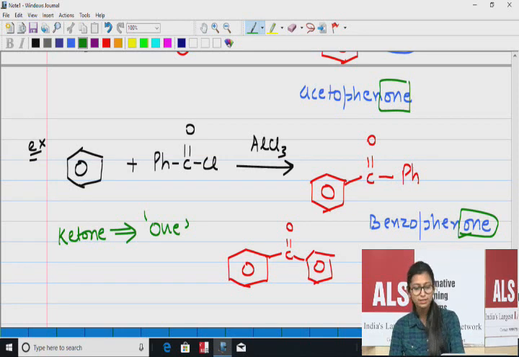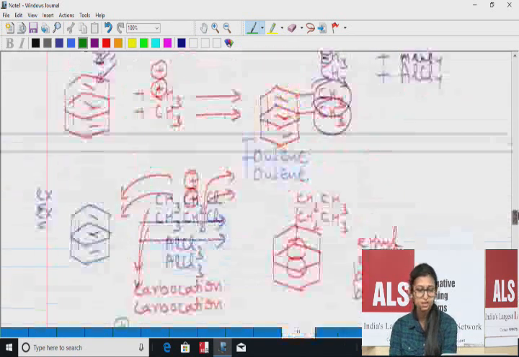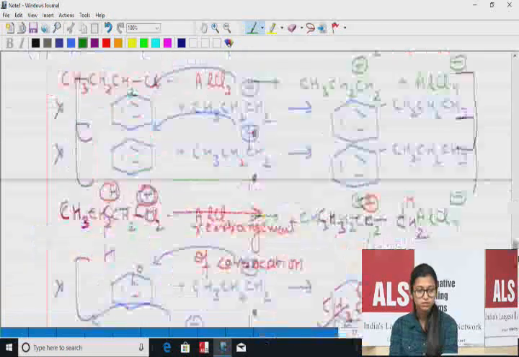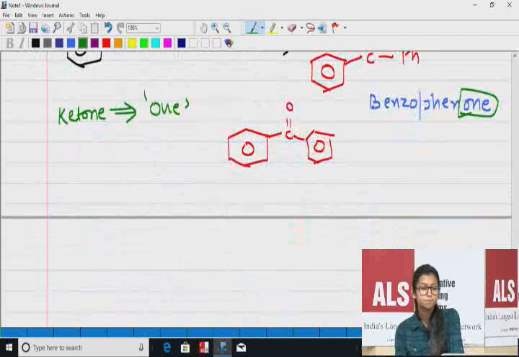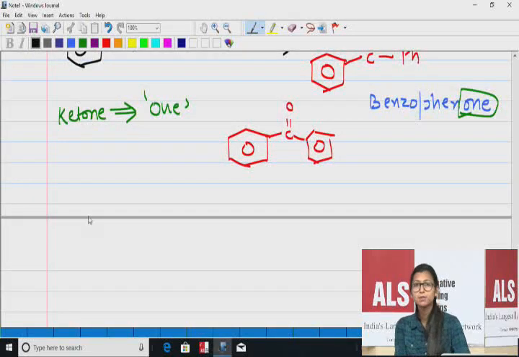Okay, so let's revise all of the five reactions we have covered in this particular case. I am writing the reactions below. Just have a look. The common mechanism is always there for the electrophilic substitution reaction.